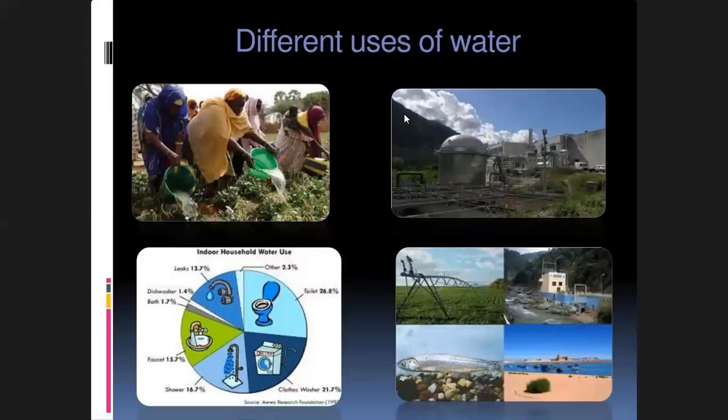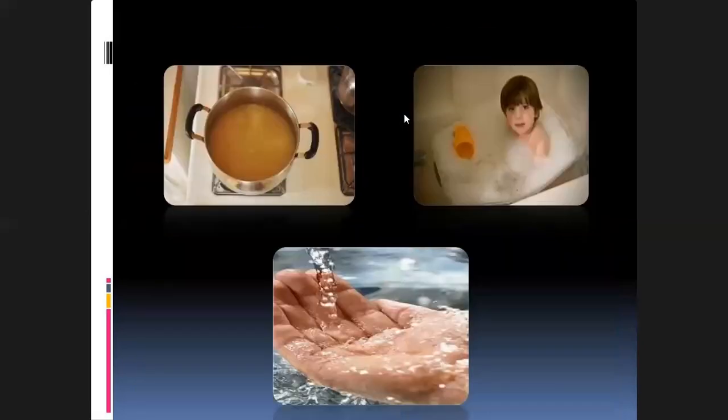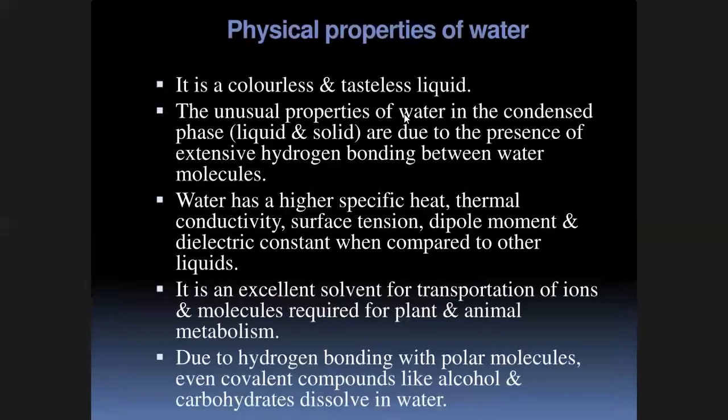Water can be used for irrigation and for daily indoor household work. We can't do even a single task without using water. It's used for irrigation, watering, food, bathing, and so many other uses. Each and every work of our life is related to water.